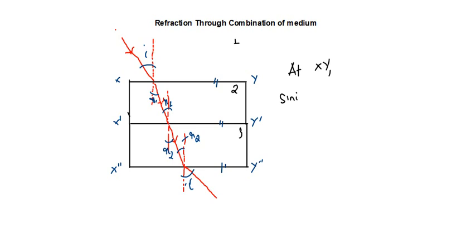Sin i by sin r equals, where n1, n2, n3 are the refractive indices of the three media. It is going from 1 to 2, so it must be written as n2 by n1, going from 1 into 2. This is my equation 1.